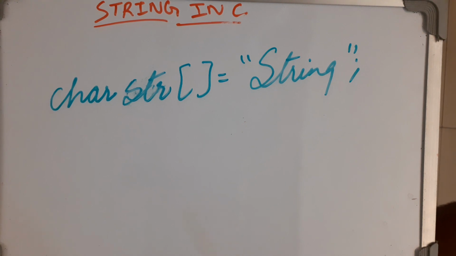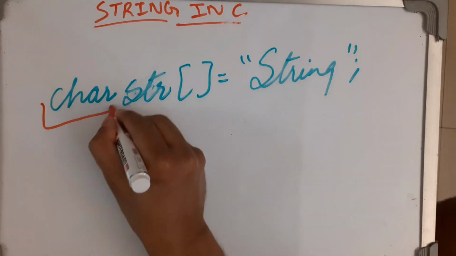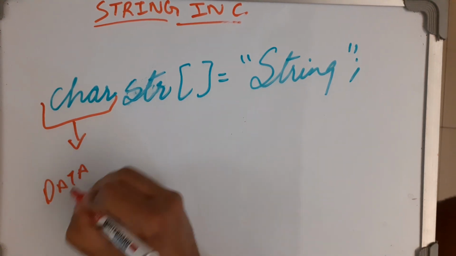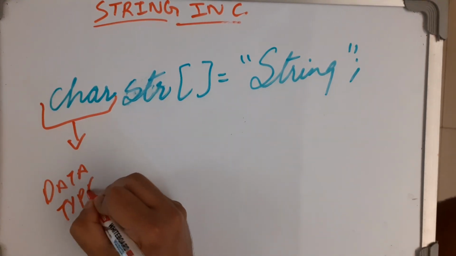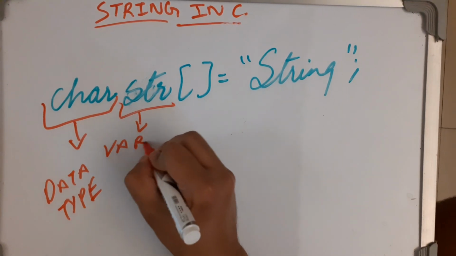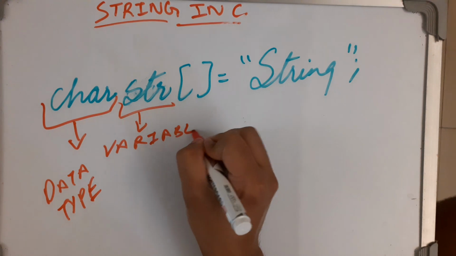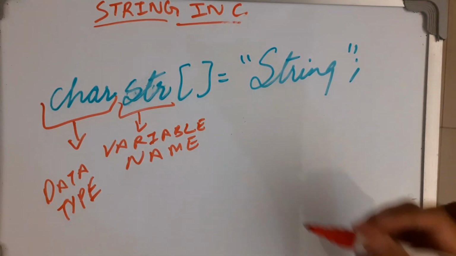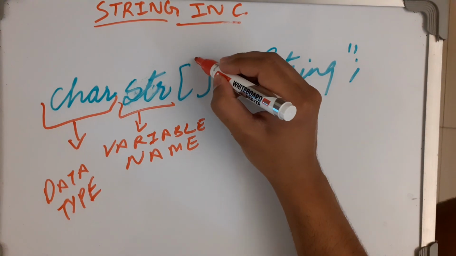Now let me explain everything. This is the data type, this is the variable name, and you know string is a collection or array of characters.